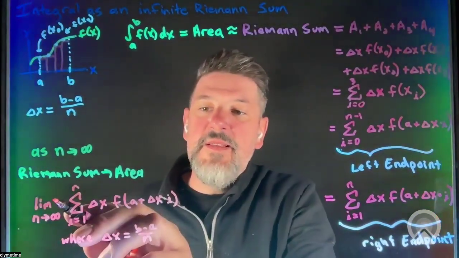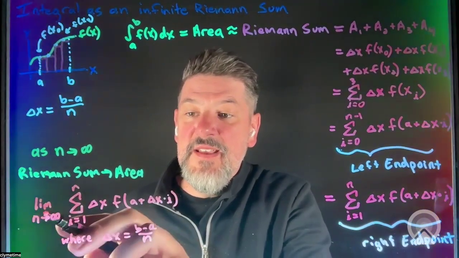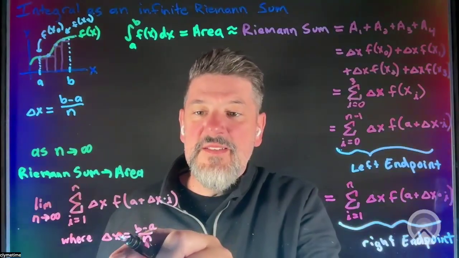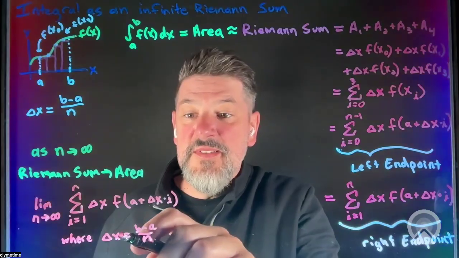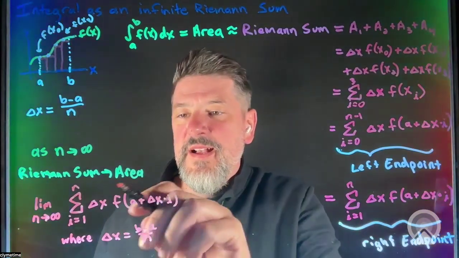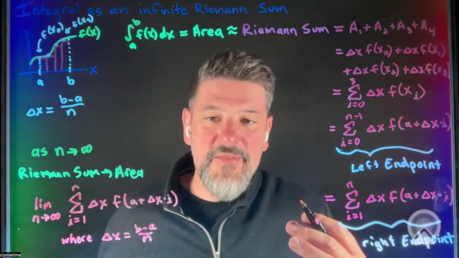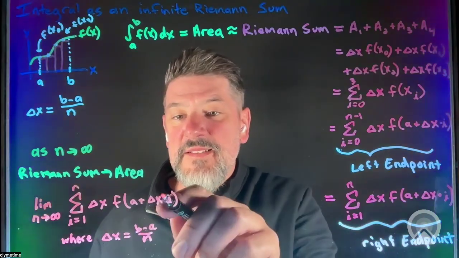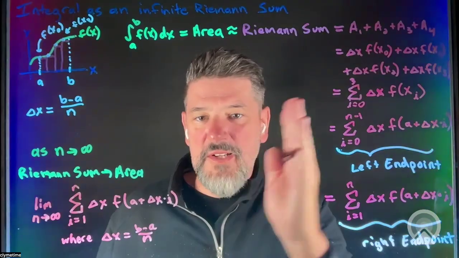So the limit as n approaches infinity: the width gets infinitely small, so delta x turns into dx. As n approaches infinity, we have an infinite number of rectangles, and function values that are infinitely close to each other.